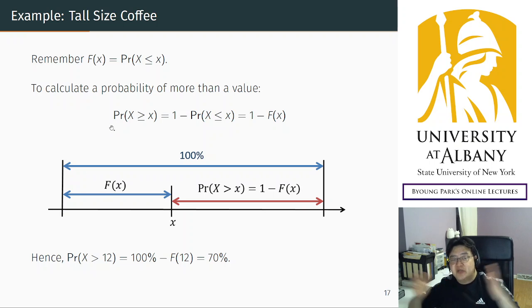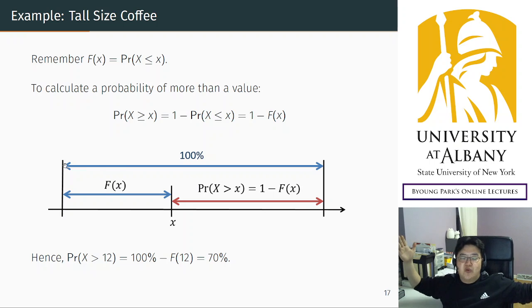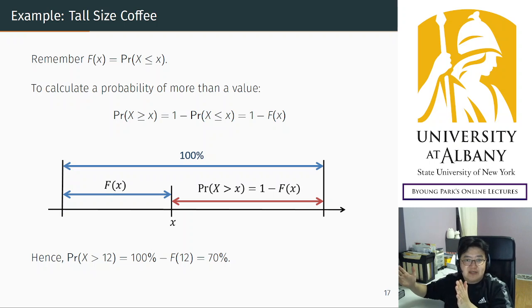Because we know the total length is 100%. So I am treating probability as if it were length. Still there is no problem. So we know the total interval has length 100%, and this much is 30%. Then the other part is automatically 70%. That's how we obtain a probability different from a cumulative probability.